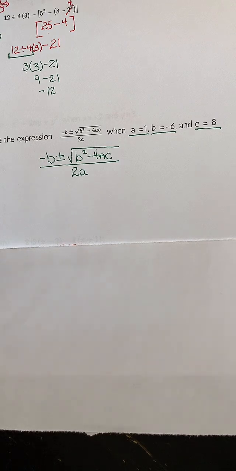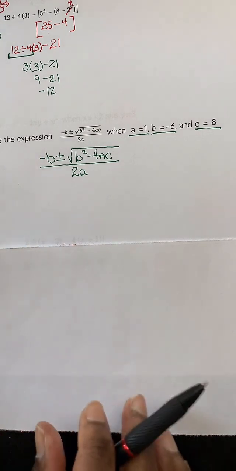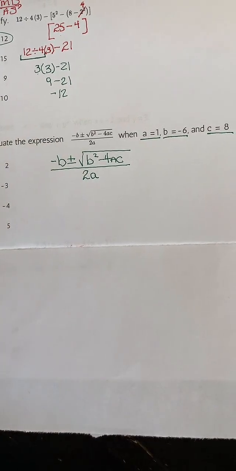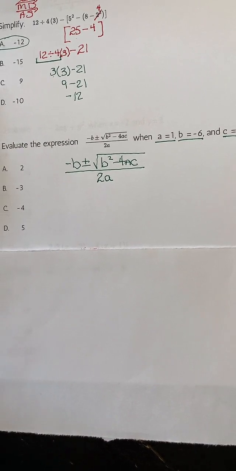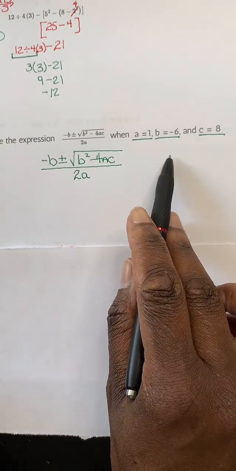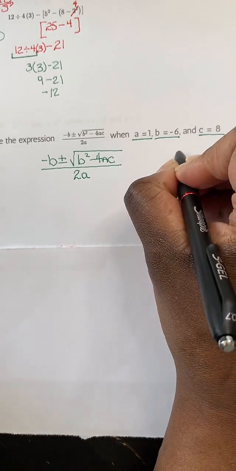All right, so all we're doing is substituting, okay? I know I'm going to have to try to fit my answers, so I know it's kind of weird. Off to the side here, I'm going to write what the answers are.